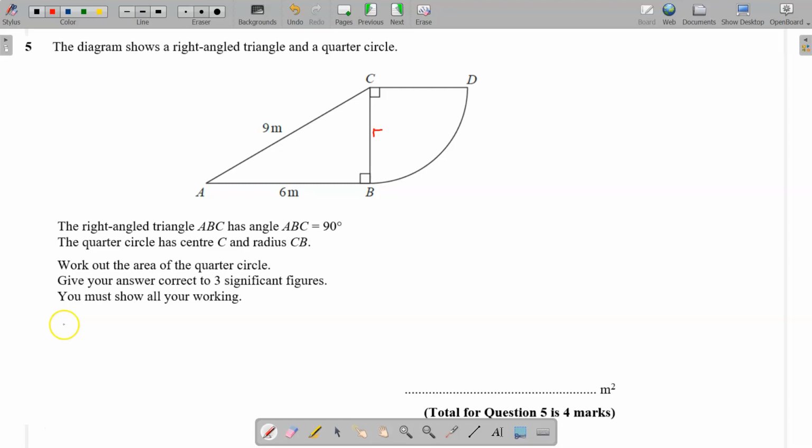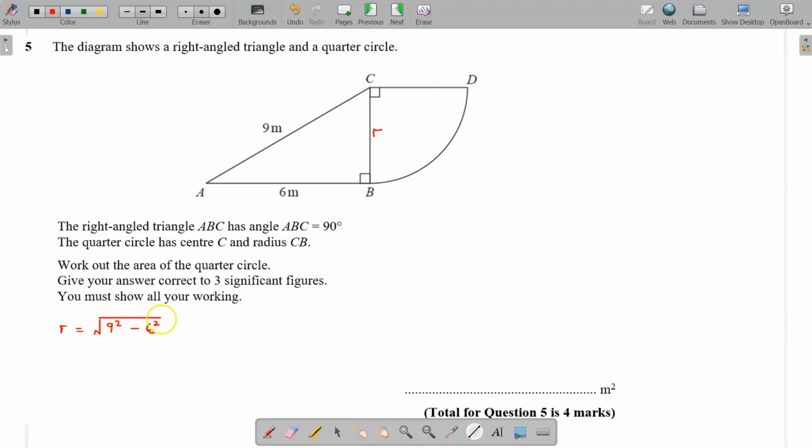So R squared is 9 squared minus 6 squared. So R is equal to the square root of 9 squared minus 6 squared. Now don't forget we're subtracting because it's the hypotenuse that we know and one of the short sides, and we've got to find the other short side.